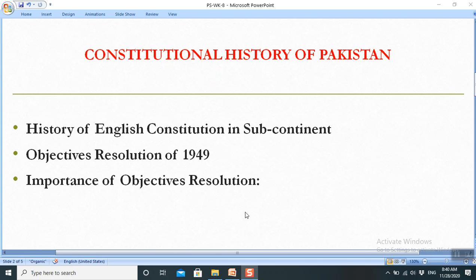It must be welfare in nature, on the pattern of the constitution the Holy Prophet ﷺ introduced in establishing the state of Medina.